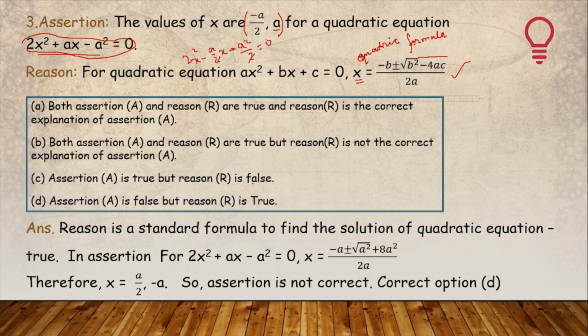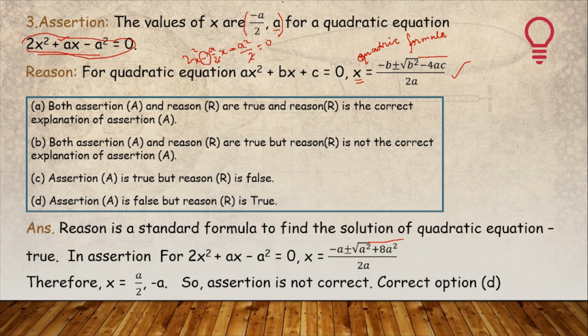In the assertion, we are getting minus ax when you simplify this. But here it is given plus ax. Right? So if it is minus ax only, these are the zeros.